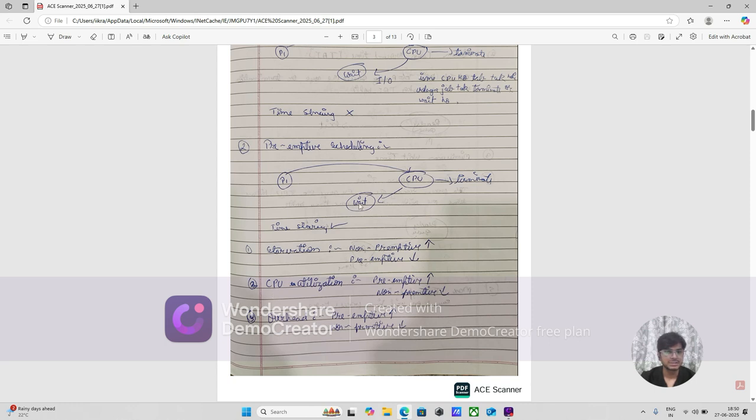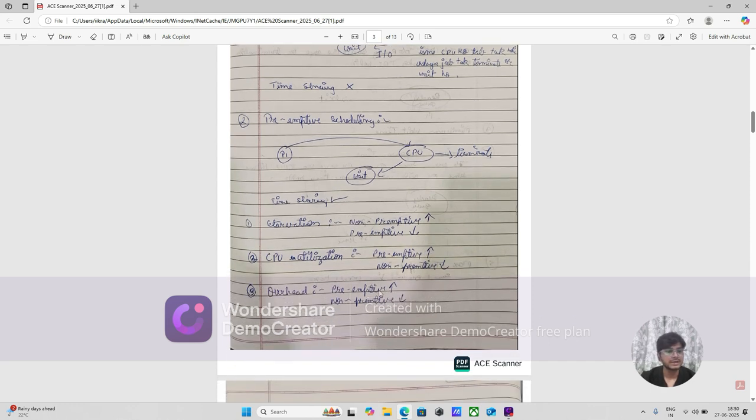CPU utilization is more in preemptive because of time sharing and it's allocated based on that. So preemptive has more CPU utilization, better than non-preemptive. That's why I have written increase and decrease like this.